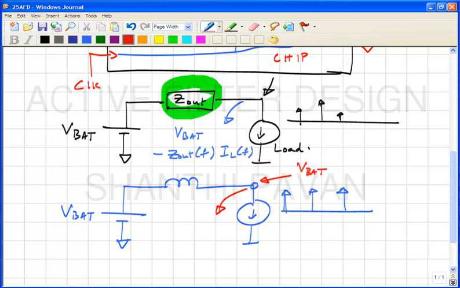Then it will just happen that the voltage across the load doesn't have these spikes which go to infinity but become very, very large. You understand? Okay. So why am I calling this noise?